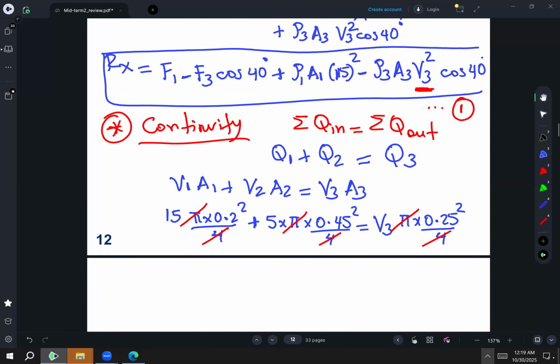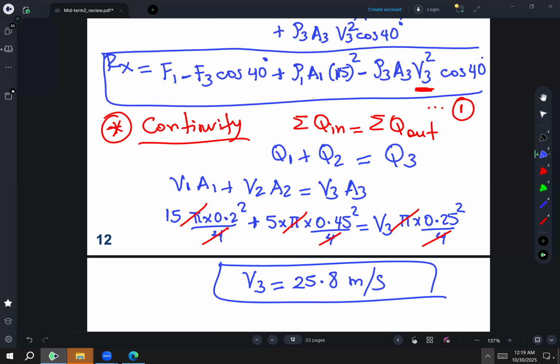And then from this, my velocity in 3 will be equal to 25.8 meters per second. So I know now the velocity in 3, and I can replace the values in equation 1.